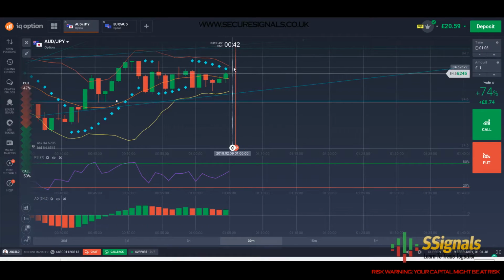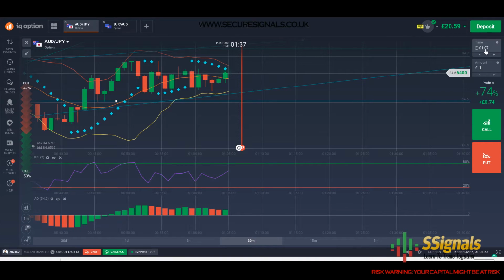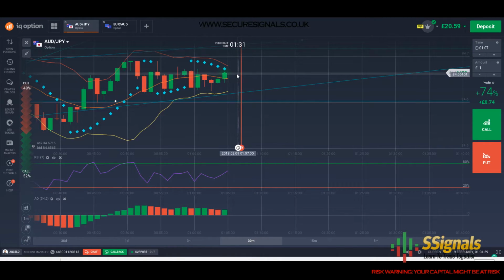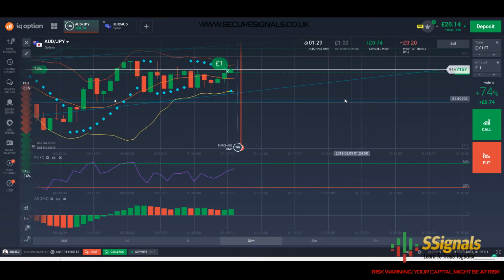Okay, so I feel there's going to be an upward push now. So for 107, we're just going to enter £1 as a call on the close of this candle, and I've entered now.